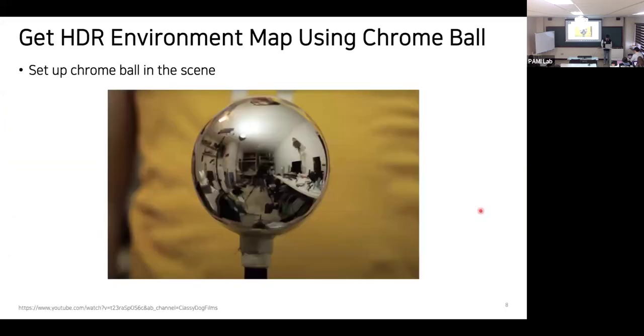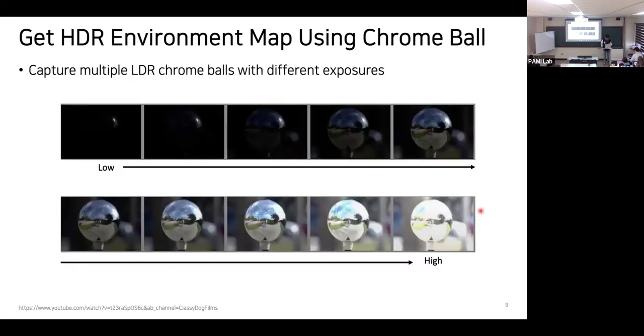To capture the chrome ball, we first set up a chrome ball in the scene where we want to know the environment map. And we can capture the chrome ball like this with different exposure values. The reason why we capture these different exposures is to make an HDR image from these multiple LDR chrome balls.